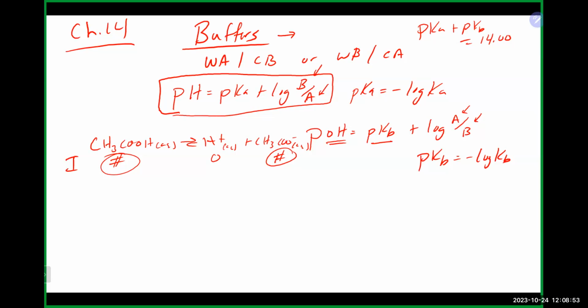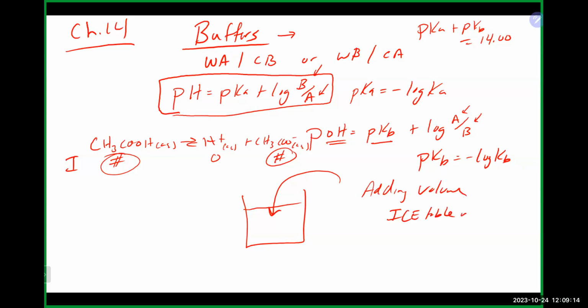An important concept we also talked about is that when we add volume to something like a buffer, we have to do the ice table in moles, because moles remain constant but the molarity changes. So whenever you're adding volume, you do your ice table in moles. Then after that ice table, it is good practice to convert back into molarity using the total volume.